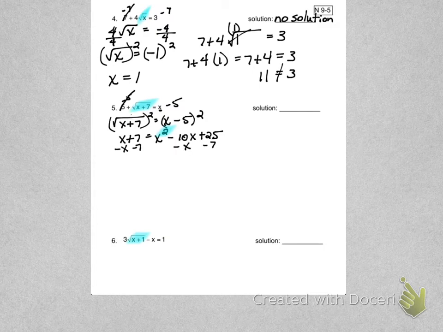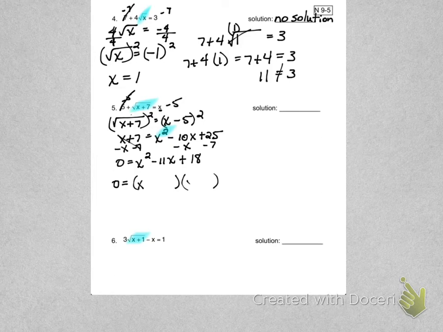And that ends up with 0 equals x squared minus 11x plus 18. Now we have to try to factor because that's how we solve quadratics, that or quadratic formula.